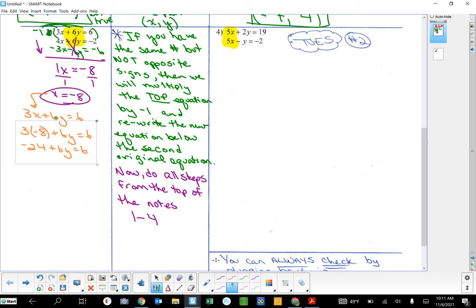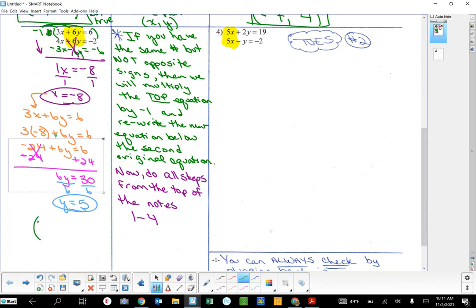And then I'm going to add a 24 to that to offset that -24. So the 24s will cancel. And then we have 6y equals 30. To solve, we're going to divide by 6, and we get y equals 5. Remember, you're always going to finish with your ordered pair, -8, 5.